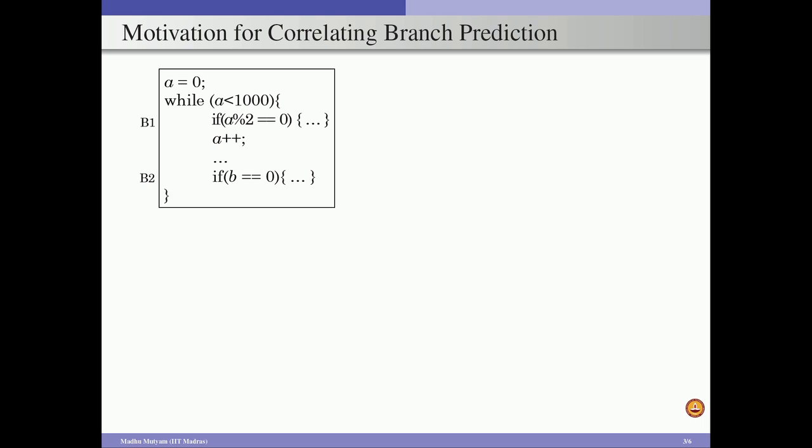So, let us assume that in this while loop there is no instruction which is going to modify the value of b, and b is initialized to a non-zero value. If that is the scenario, then B2 is not going to take place at any point of time. Also consider the outcomes of these two branches B1 and B2. B1 corresponds to checking whether a is an even number or an odd number, and also a is incremented every iteration.